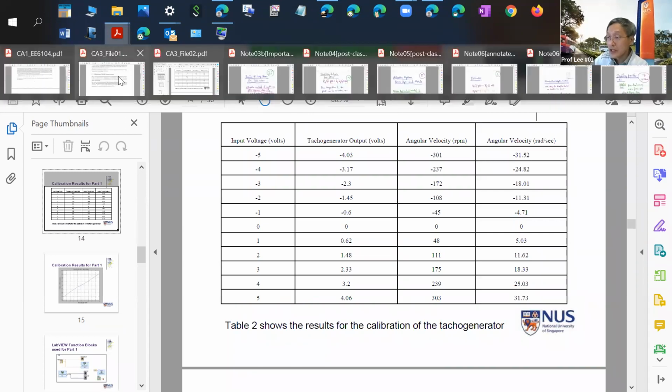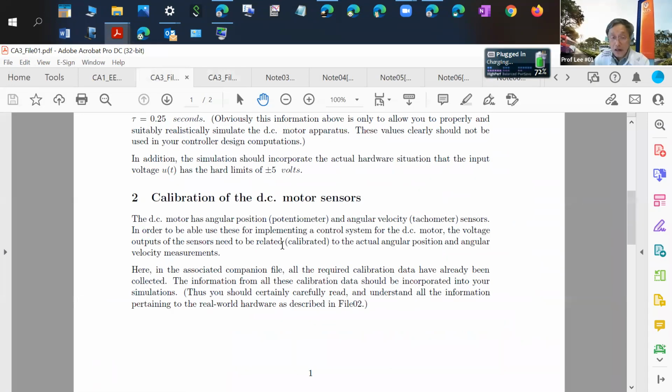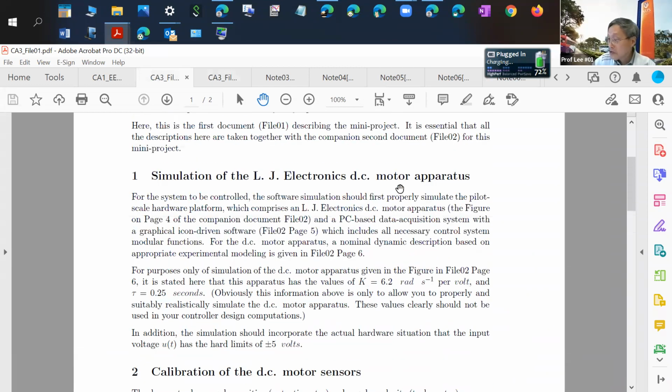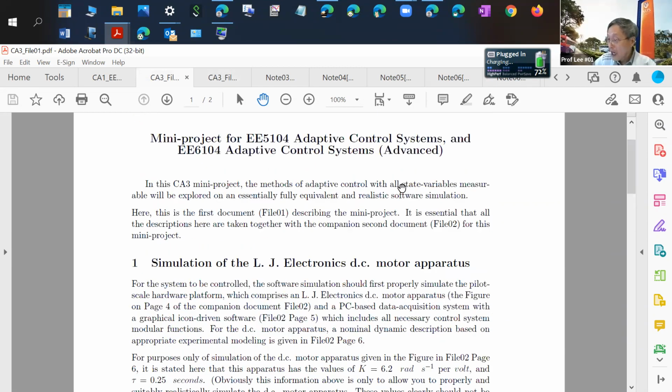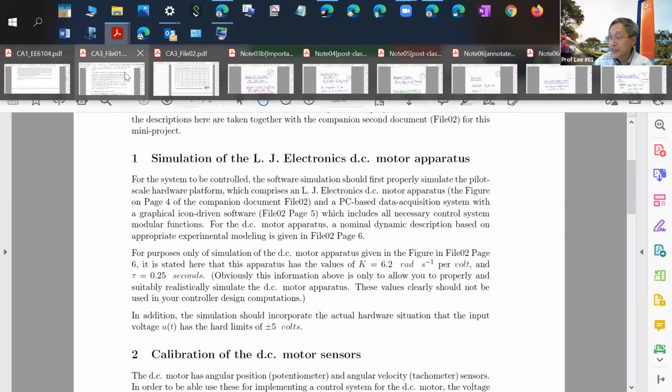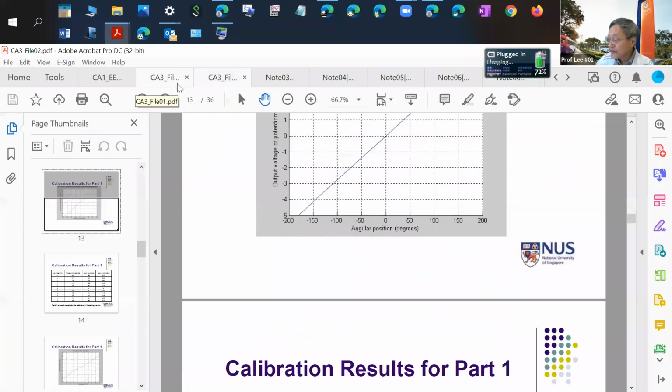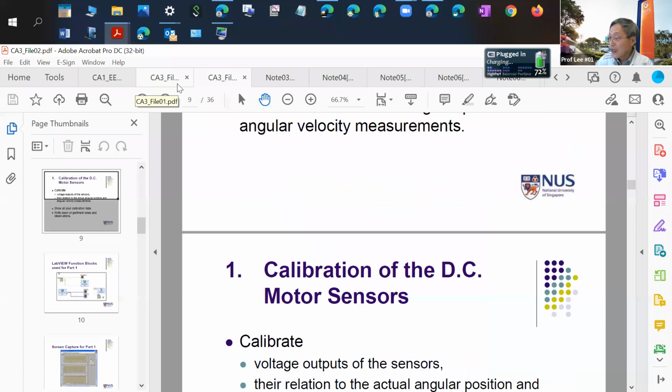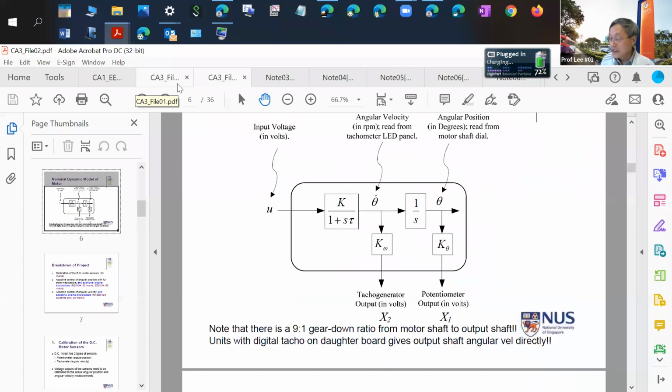And in your CA3, I don't want you to just go and simulate the system like that.